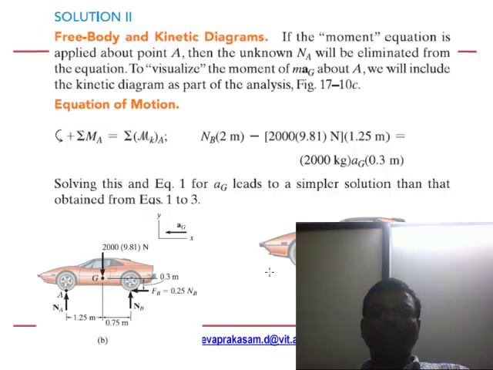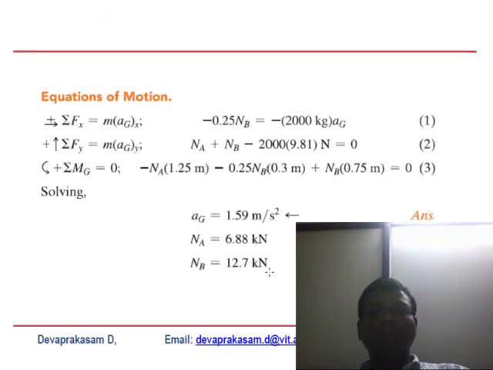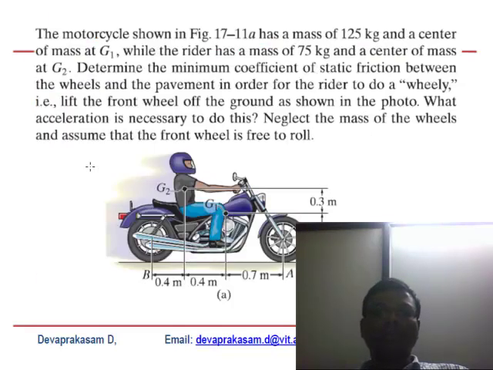Either you can take it at A or B, or at G, depending on how. If you are taking it at G, the sum of the moments about G is 0, because the vehicle is not rotating about the center of mass. That's how you have to solve it.